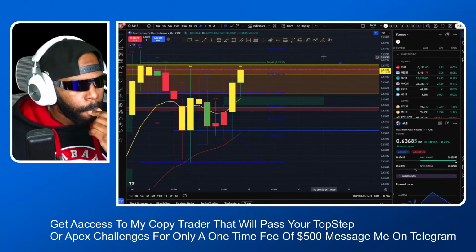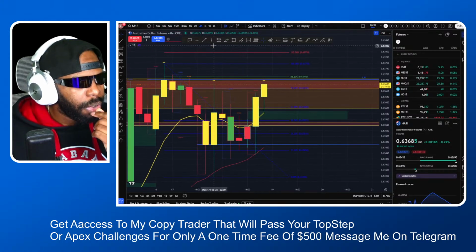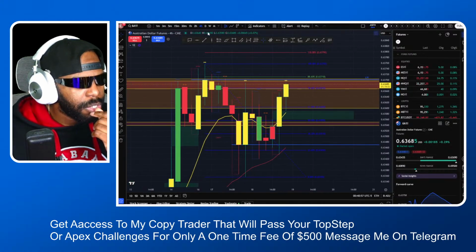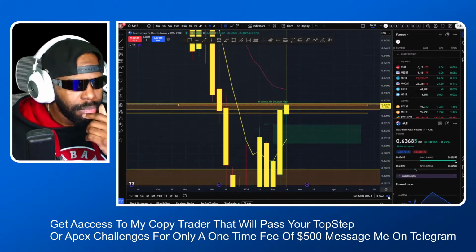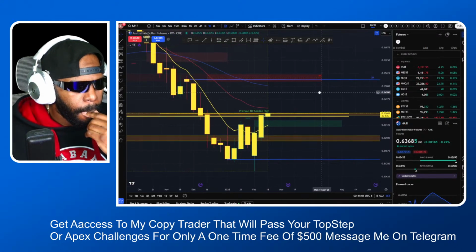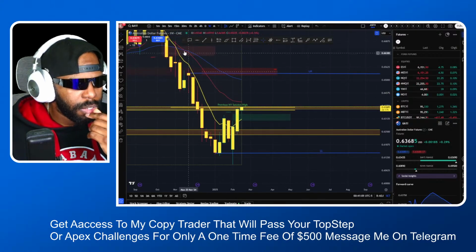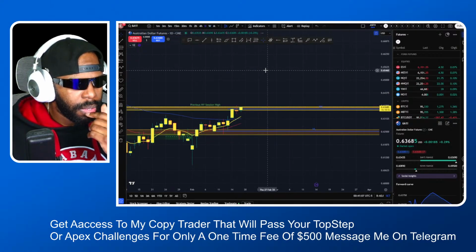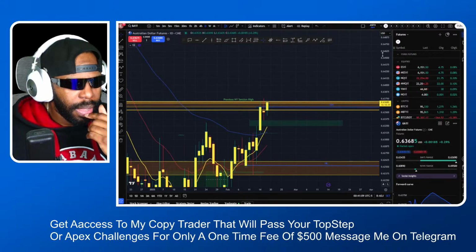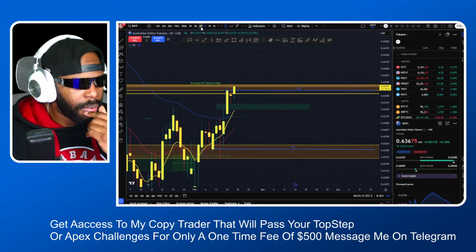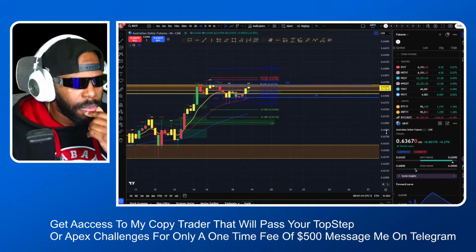So yeah, I'm looking at the Australian dollar right now. We're creating lower highs and lower lows on the Australian dollar. We're creating higher highs and higher lows on the daily and the 4 hour.